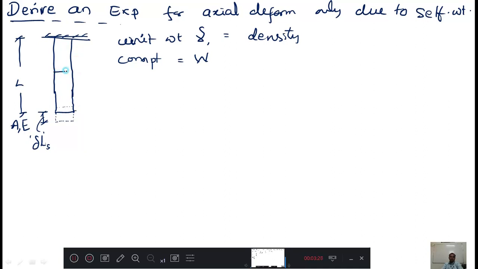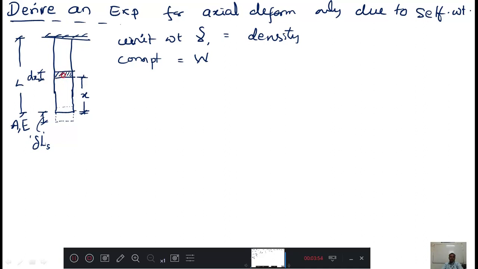Therefore, I will consider a small strip in between. This is a very small strip. The thickness of the small strip I will call dx. Then where exactly this strip is situated, I will call it at a distance x from the bottom.